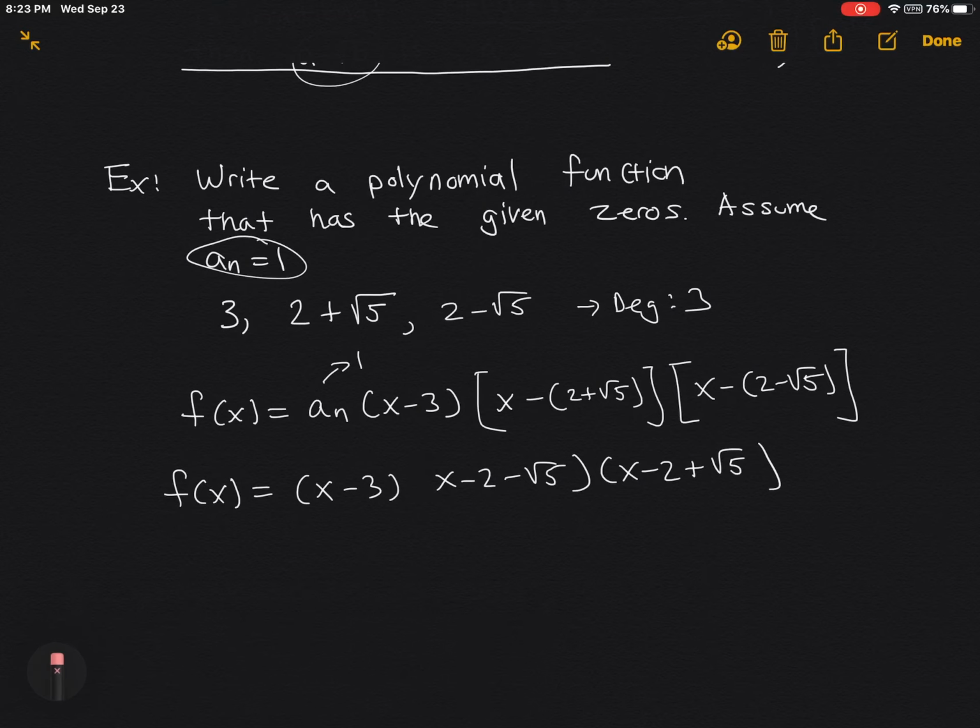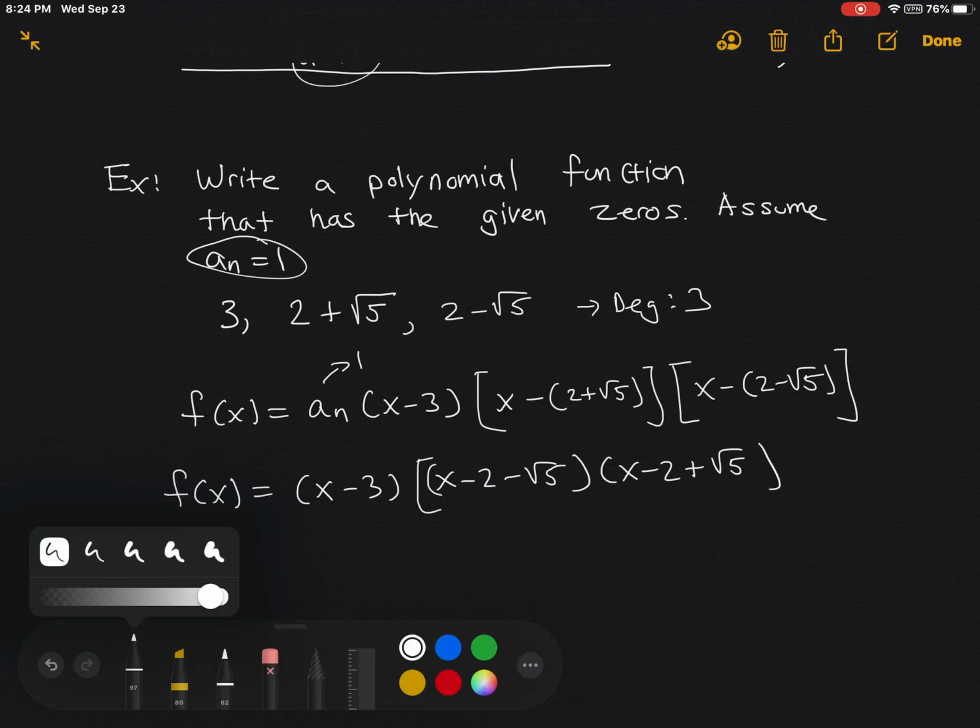And actually, I'm going to erase this, and I'm going to put bracket signs again. All right, so I'm going to just put a bracket over here.